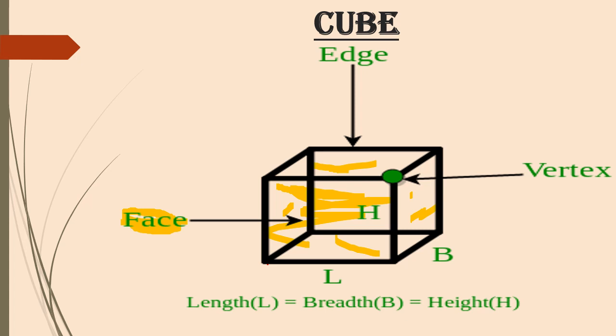So in this cube, how many faces are there? Can you tell me? If I'm going to ask you, okay, let me write for you. For example, this is 1, this is 2, back side, this 3, downside 4, this side 5, and this front, this one, this is 6.